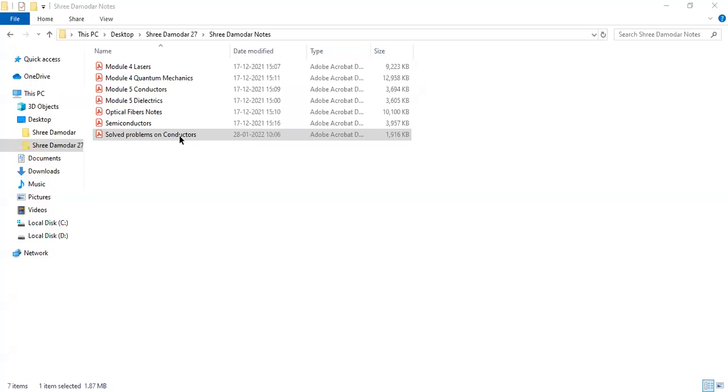Now to solve the problem, just list out the things given. Fermi energy 5.5 electron volt, it should be in joules. This is the mandatory thing. To convert electron volt into joules, we have to multiply by 1.602 into 10 power minus 19. If you want to convert joules into electron volt, you have to divide the energy value by 1.602 into 10 power minus 19.